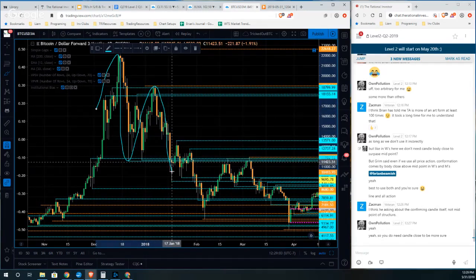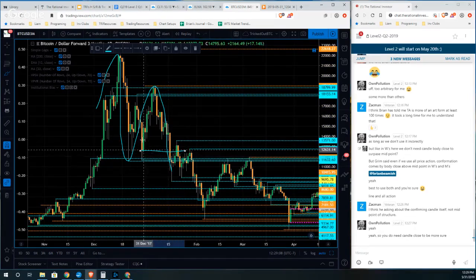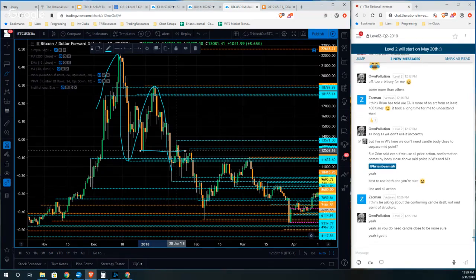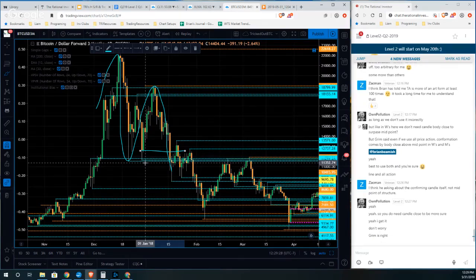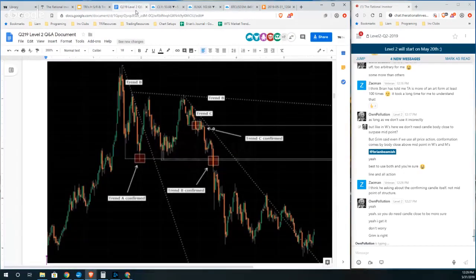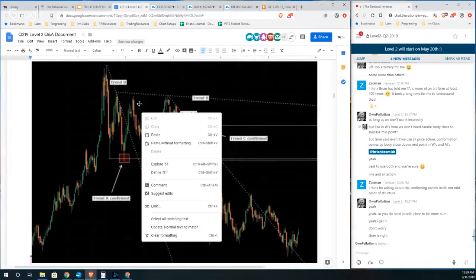And then if you're going to actually get short, target that level of the clothesline to put your short on. Does that make sense? But to actually have this M confirmed, I got to see wicks and tails taken out. That's me, right? But I'm an old gnarly trader dude.